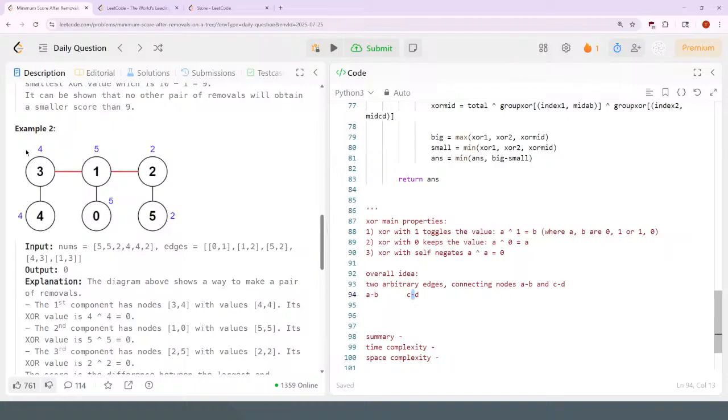Note here that one way to think about the middle group is that it would share a grouping of the two middle nodes, the two nodes that are not isolated.